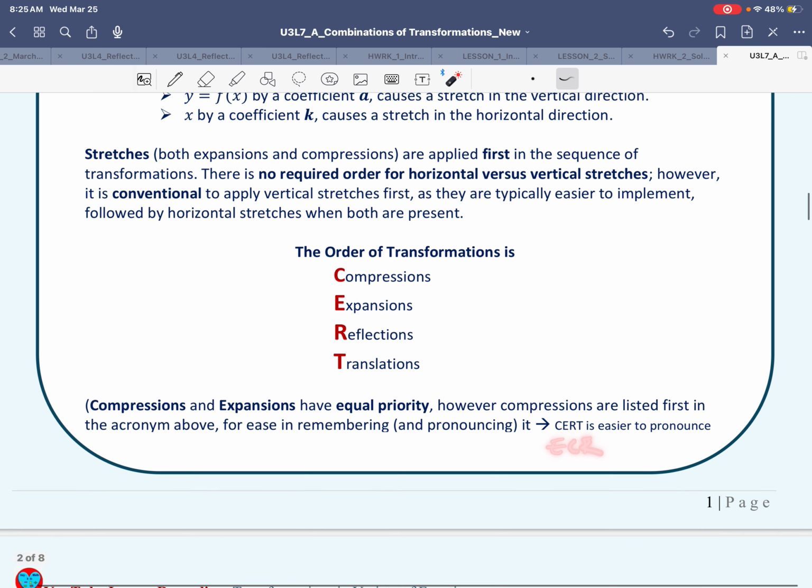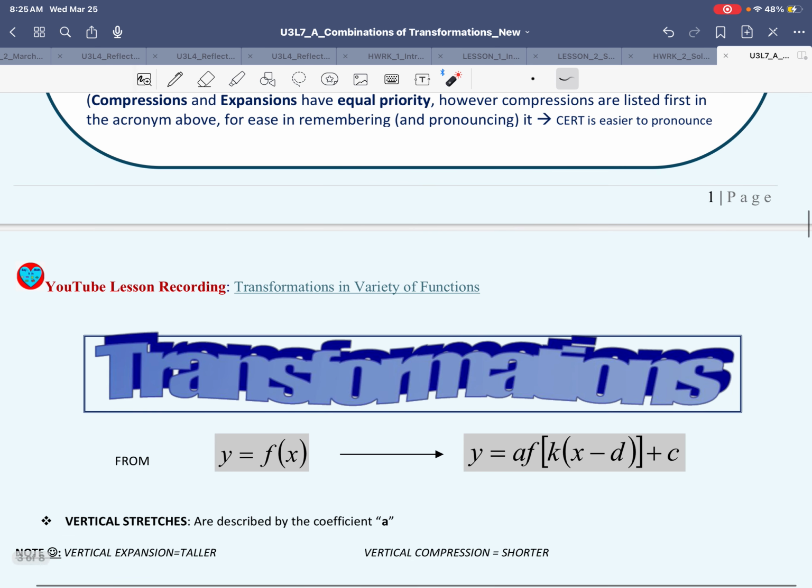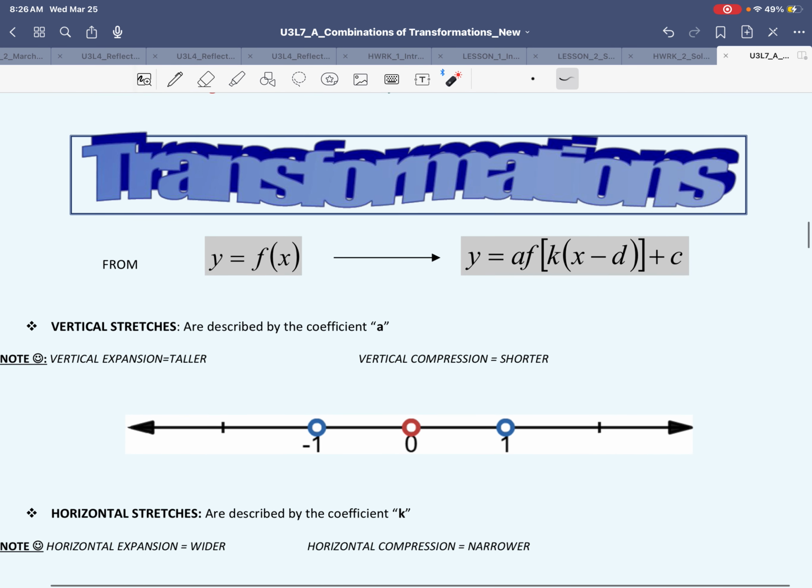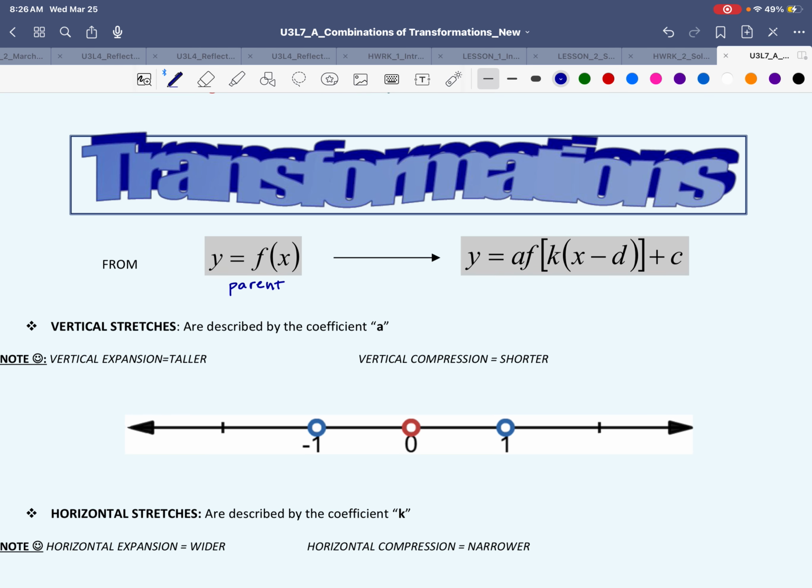So we are going to take a look at how each and every variable will help transform the function. So we're going to start off with a general equation. If y equals f of x is the equation of a parent function, then the parent will be transformed based on the following coefficients.